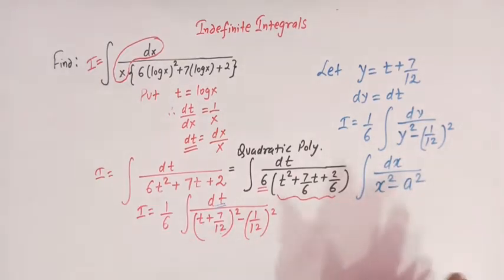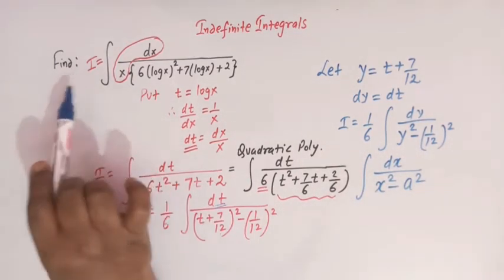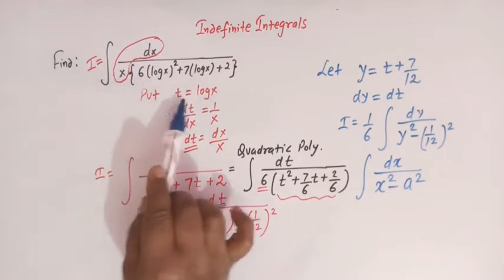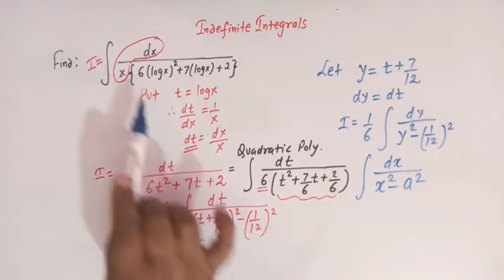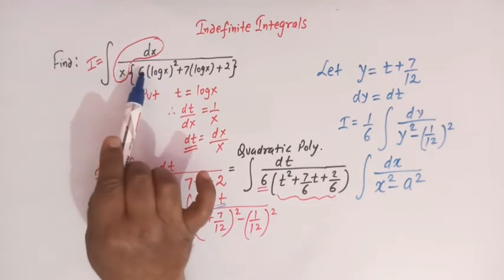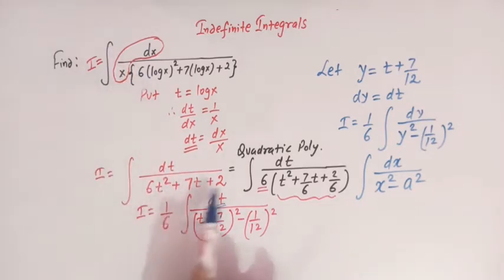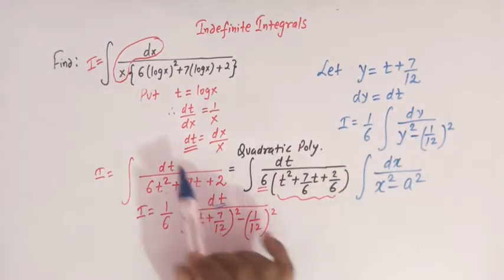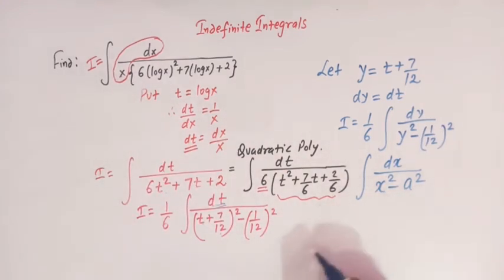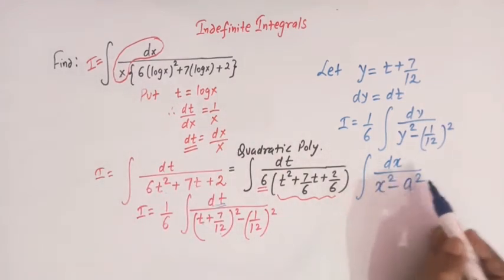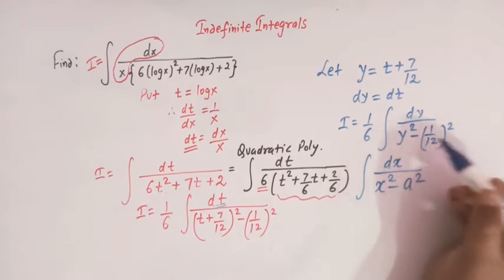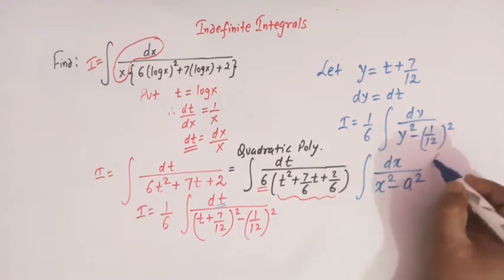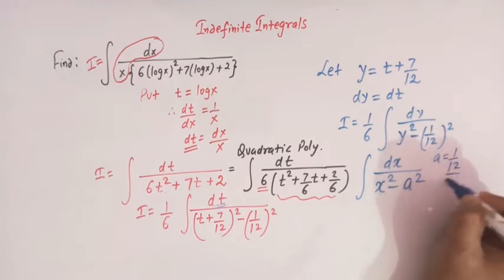square, right? So what we have done here, we were given this integral, we have taken t is equal to log x, then we have transformed this integral to this one, and then we have converted this quadratic polynomial in terms of the perfect square, and then by making this substitution we have reduced this integral into this form, that is dx over x square minus a square, and here for x we have y, and for a we have 1 over 12, right?